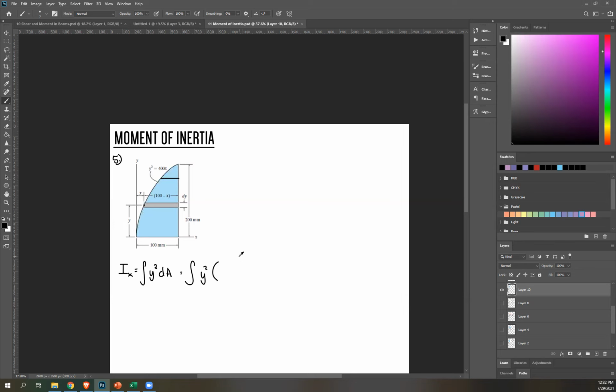Okay, so this is still y squared, and then 100 minus x, then height dy. Then let's get its range, upper and lower limit. Its lowest limit is here, so that's 0. And then the highest limit is here, which has a height of 200 millimeter. So this is 0 to 200.